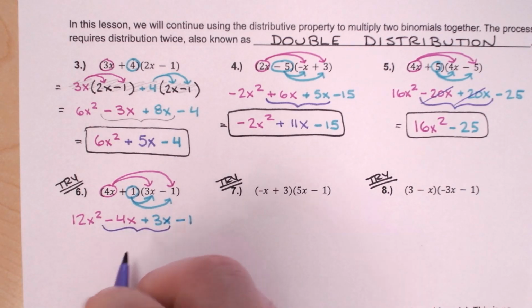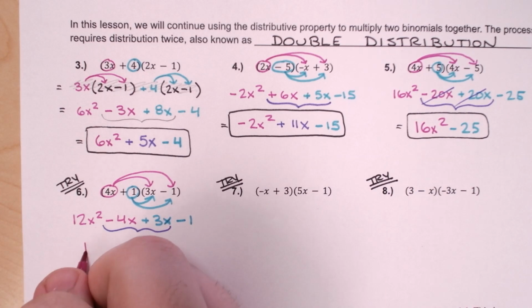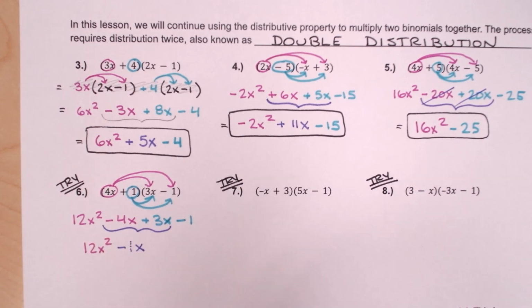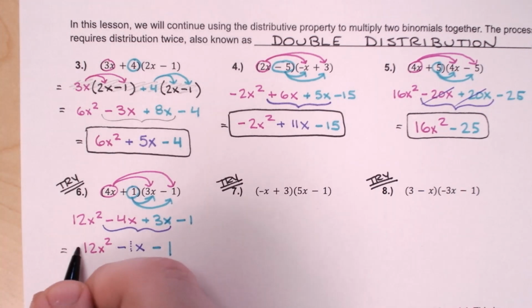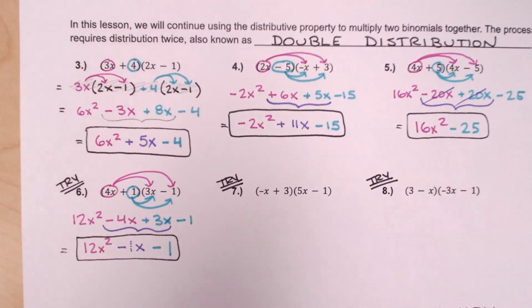Negative 4x and positive 3x add to negative x. You could put the 1 there if you want. So your final answer is 12x squared minus x minus 1. Okay, we'll go over number 7 here in just a second.